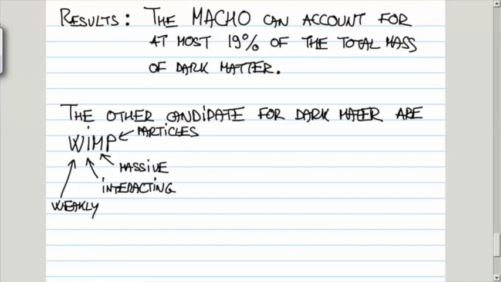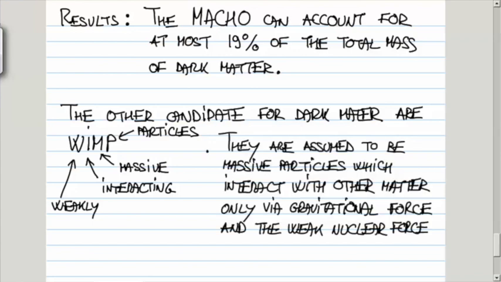And the theory behind this is that these particles have quite substantial mass, much higher than, say, the mass of neutrinos, which have nearly zero mass, and that they interact with other matter in the universe only through the weak nuclear and gravitational forces. Okay? They do not interact via electromagnetic forces, and therefore they don't couple to light, they don't produce any light.